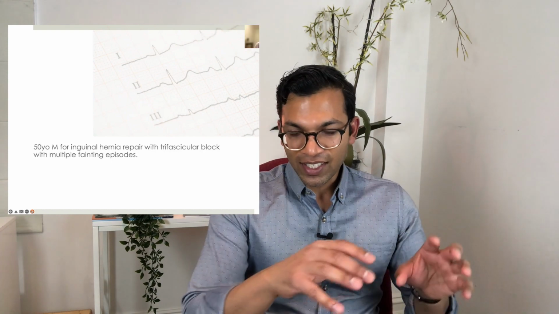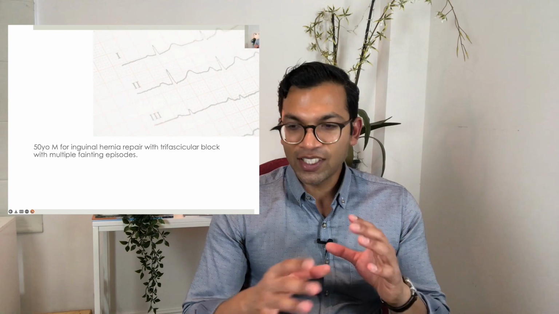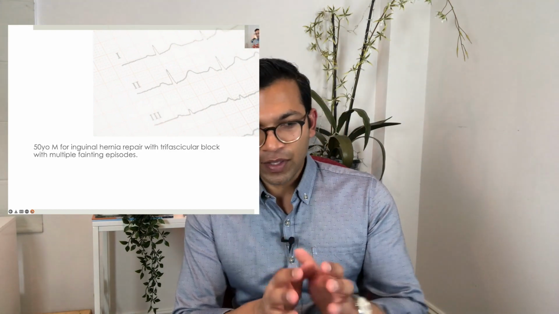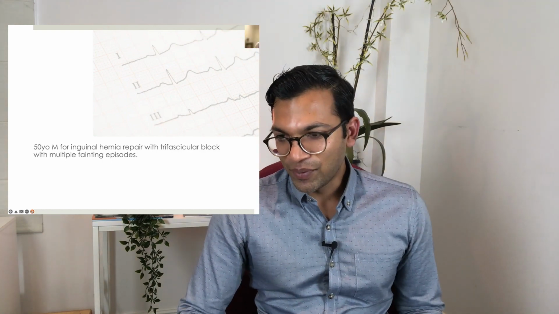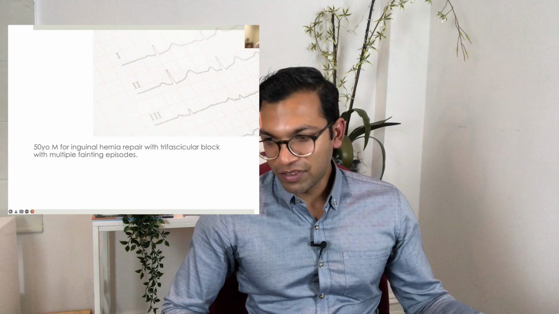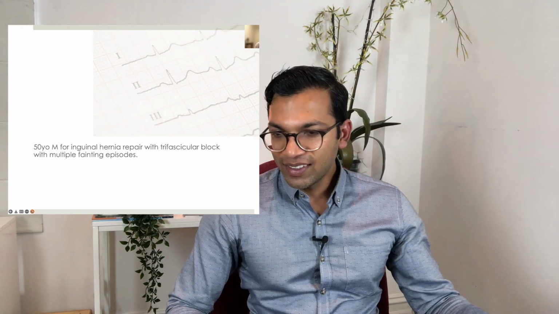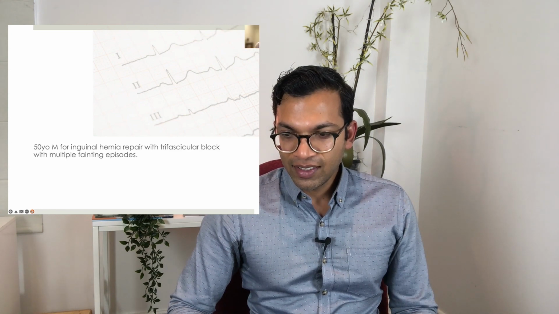Okay. So essentially, it's a really high grade heart block, and it's got certain risk with it. Usually, trifascicular block is stable in itself, but the fact that I've said multiple fainting episodes means something. What do you reckon? Just off the cuff. Yeah. So active cardiac issue. So heart block. Yeah. So maybe third degree or second degree heart block.